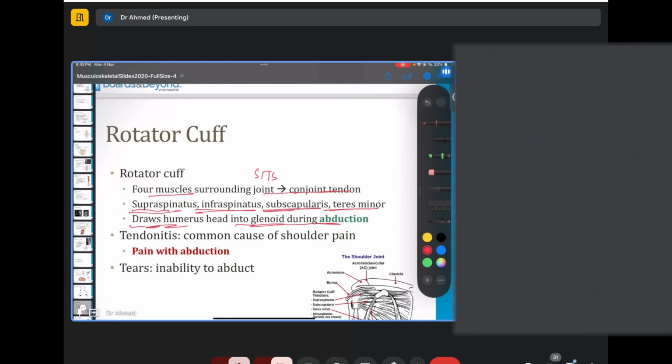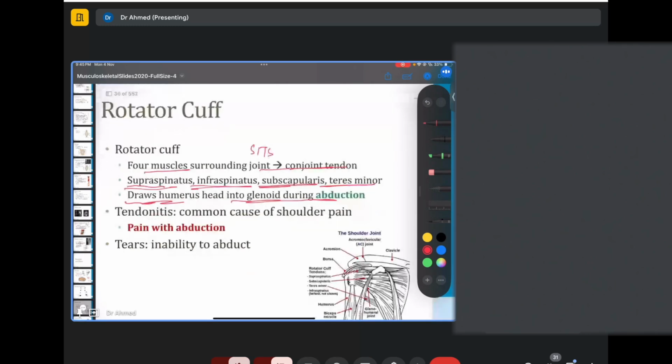It holds the humerus in the glenoid fossa. Tendonitis, for example, is inflammation of your tendon. It can cause these rotator cuff muscles to weaken, and as a result you will see pain whenever you are abducting, because the main goal of these muscles is abduction.